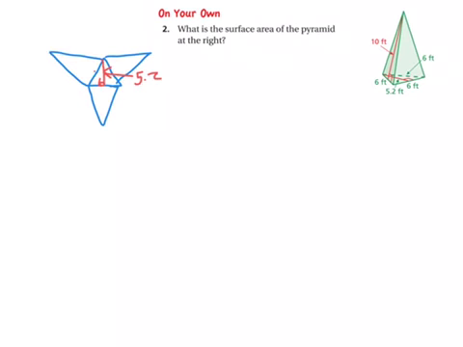Okay, and then the lateral height, is it lateral height? Slant height. Slant height of this is 10 feet. Okay, so just make sure you've got a good grasp of what measurements are what. So to find the surface area of this pyramid, we need to find the surface area of the base first, and then the lateral sides.